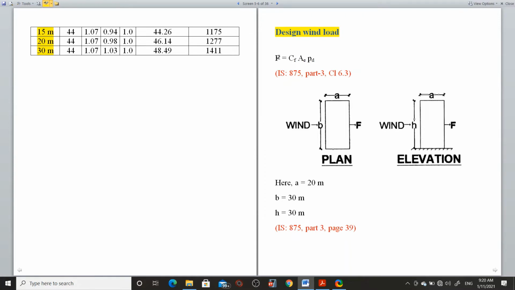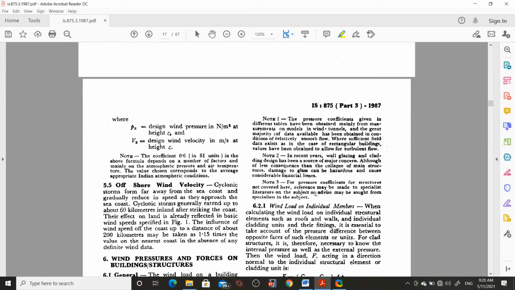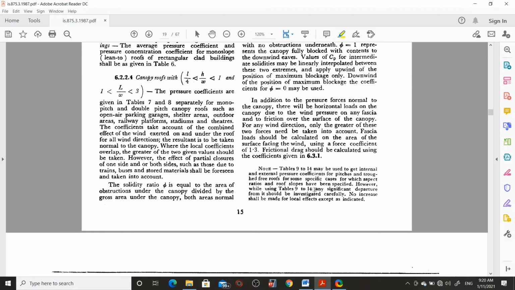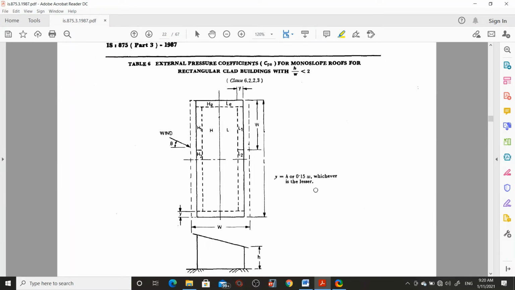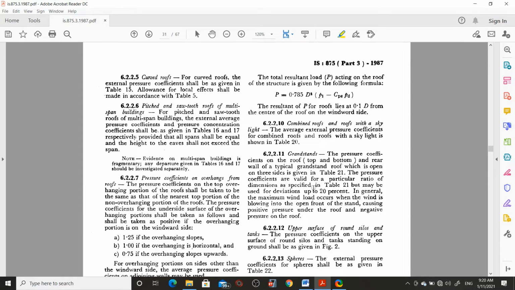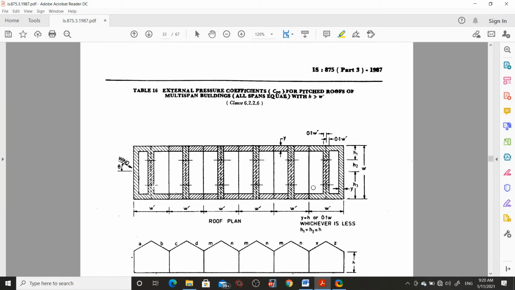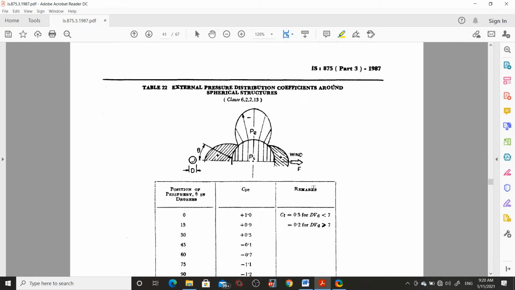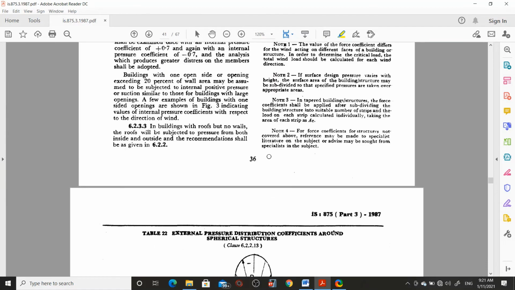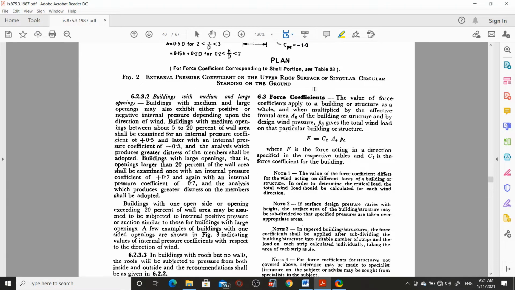The equation is F equals Cf times Ae times Pd, from IS 875 Part 3 clause 6.3, force coefficient.